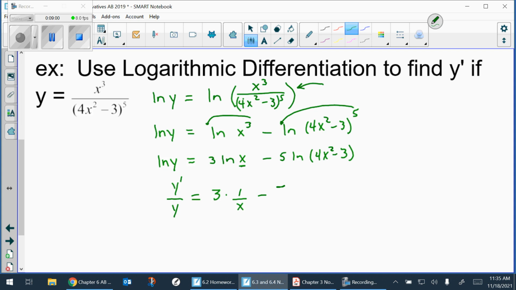Minus 5, you are a coefficient, come along for the ride. I need the derivative of natural log of this thing. So I'm going to take the derivative of that something, which is 8x, divided by the something, which is 4x squared minus 3.